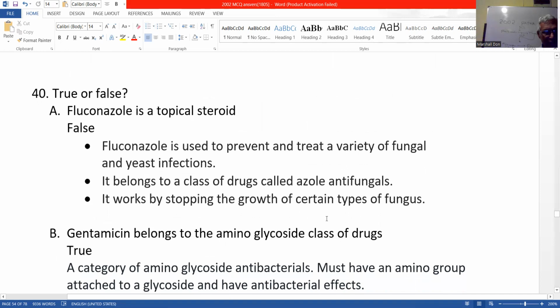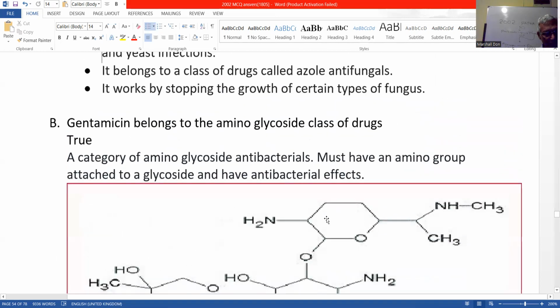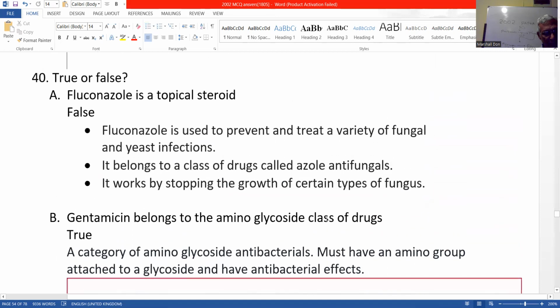Question number 40, true or false? Fluconazole is a topical steroid. Topical means you can only apply on the skin. That is false.